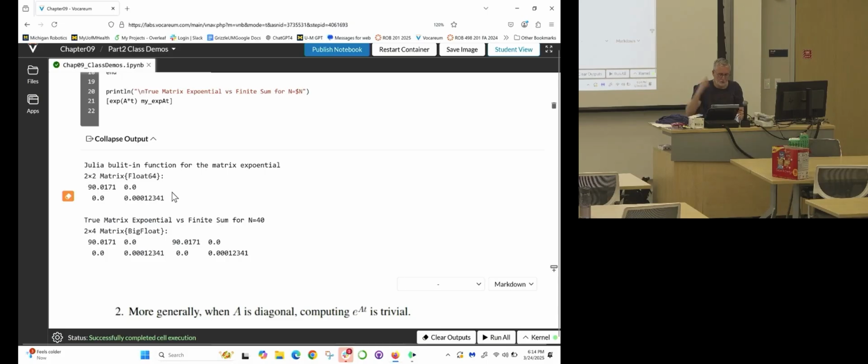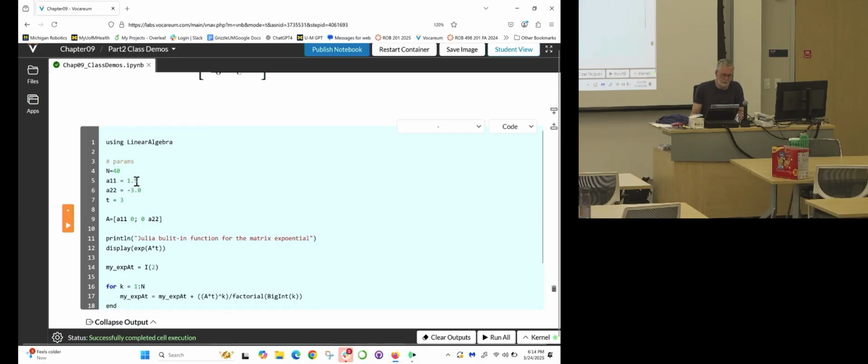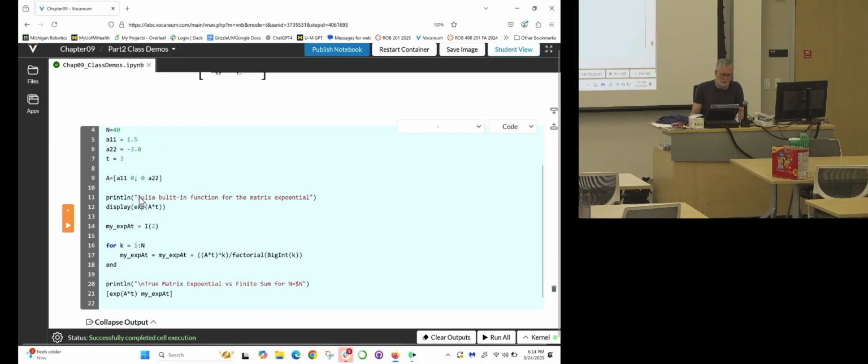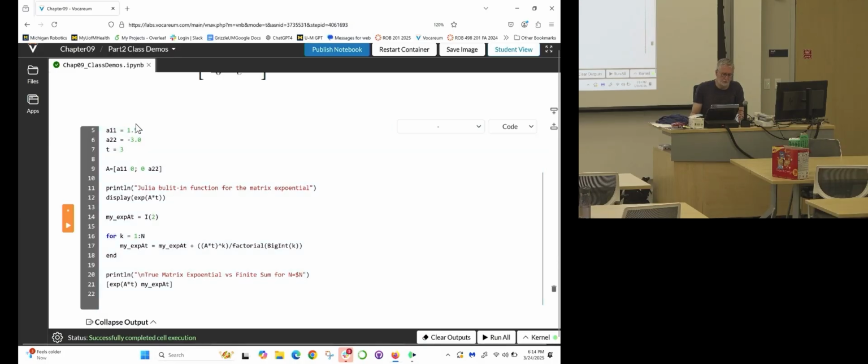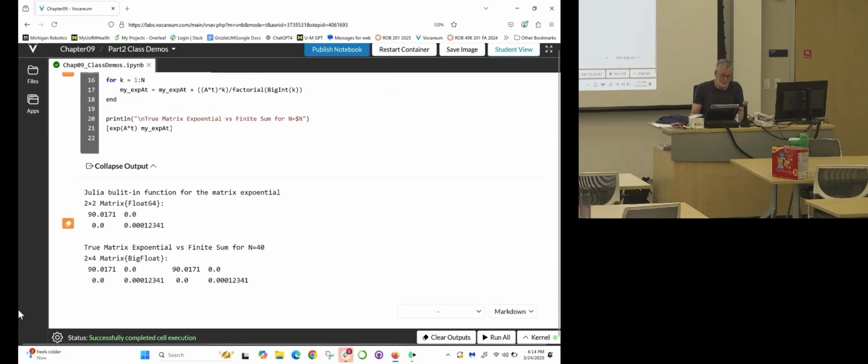Okay. So Julia has a built-in function, and it evaluated it for this diagonal matrix. And what was the matrix? Oh, e to the 1.5, and then minus 3. I took t to be 3, so the exponentials are e to the 4.5 and e to the minus 9. There you go. You get this diagonal matrix.